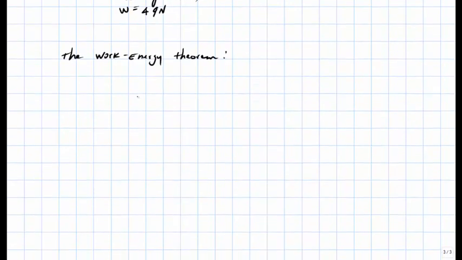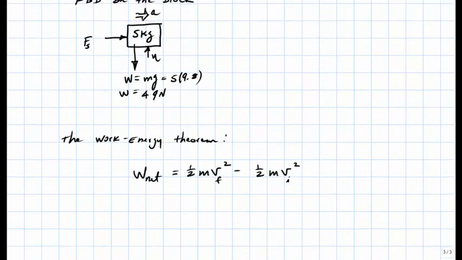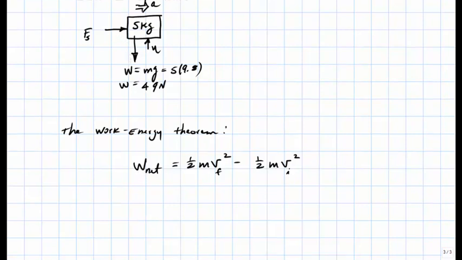Of course, the work energy theorem states that the net work equals 1/2 mv final squared minus 1/2 mv initial squared. In this case, we have 3 forces that should be considered, and therefore we're going to extend 3 fingers from the W net equation.